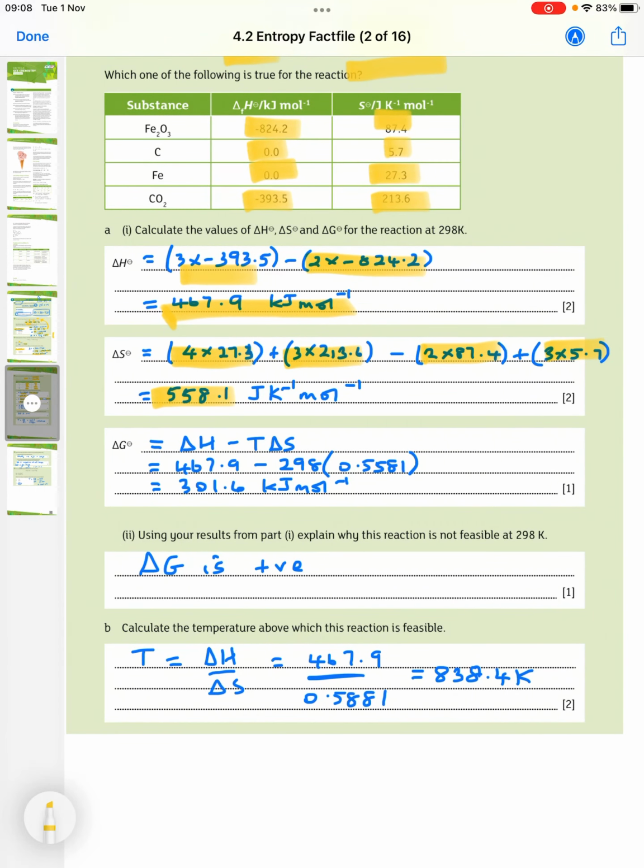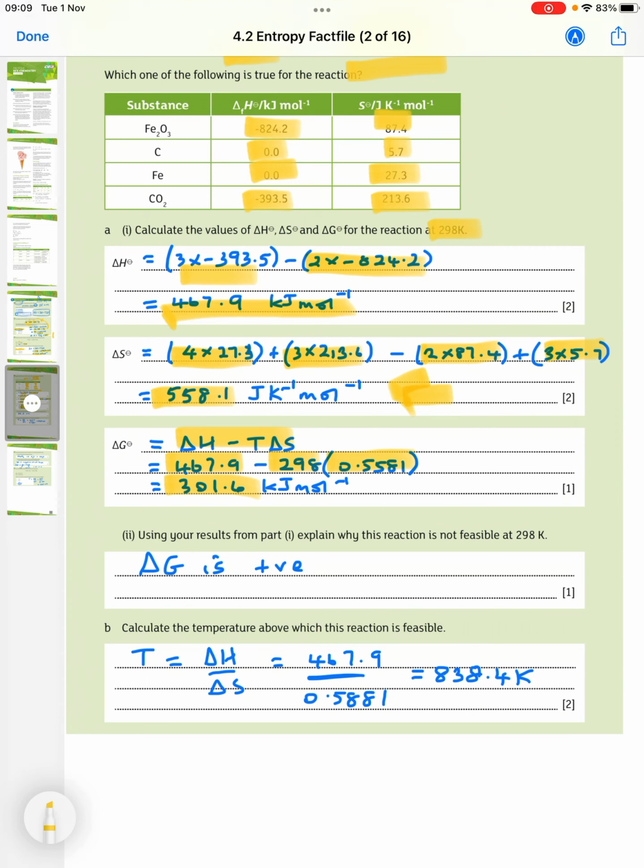And then working out delta G, which is delta H minus T delta S. You're plugging in your values that you've got, 467.9, take away 298, which is the temperature here, times 0.5581, having to change that one into kilojoules per Kelvin per mole, and that gives us 301.6.